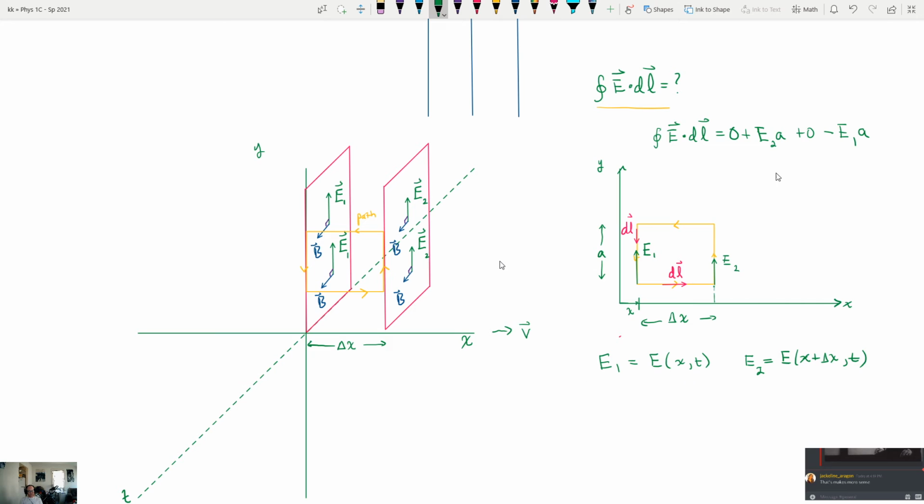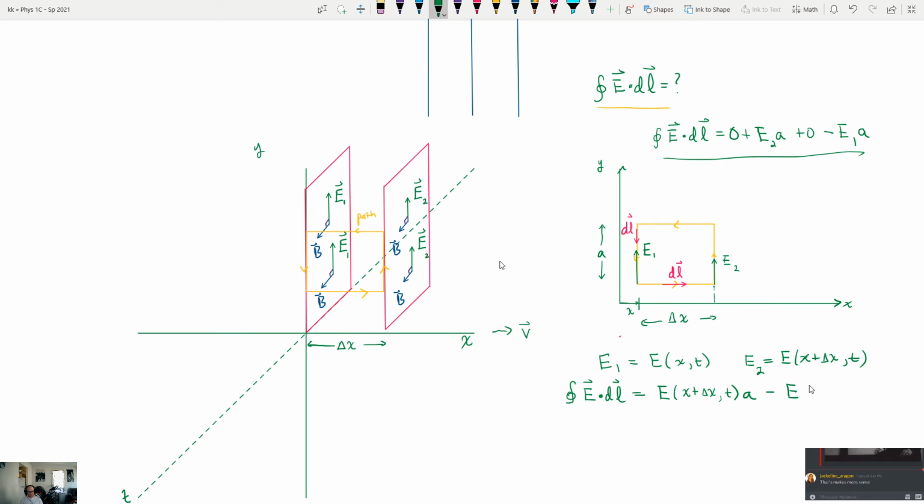So if we put these ideas into that equation, what we end up getting is now, kind of running a little low on space here, I need to be kind of careful. When we do E dot dl, we're going to get E2 times A, which is this. Oh, kind of looks like the beginning of a derivative.